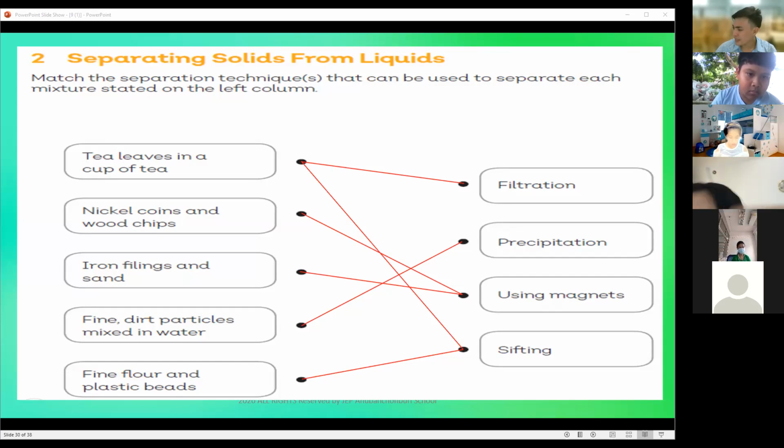Where is number 8? Is Natchanan here? Natchanan is not here. 10, 11, 12, 13, 14, 15, 16, 17. 23, 24, 25, 26, 27, 28. What about number 29? Is Disorn here?